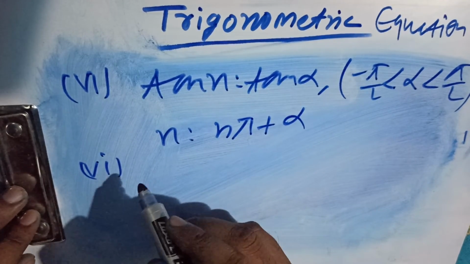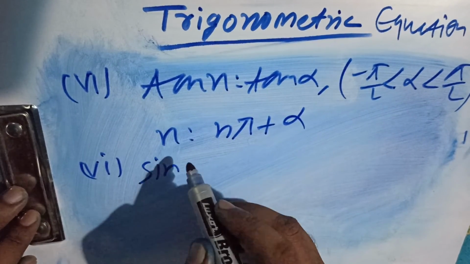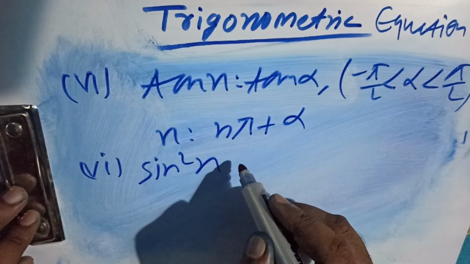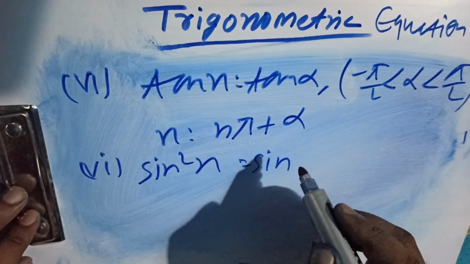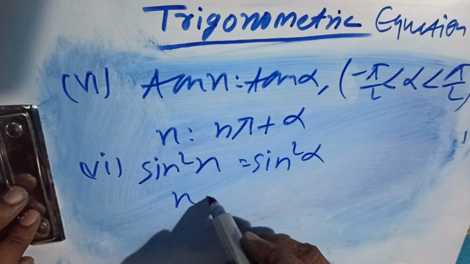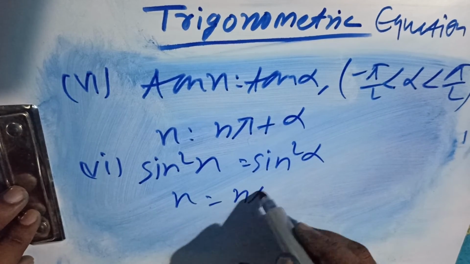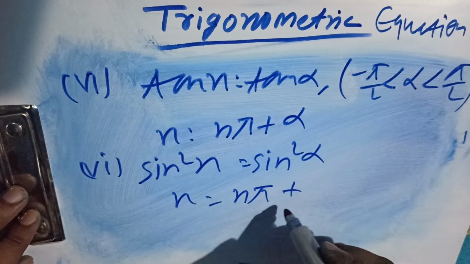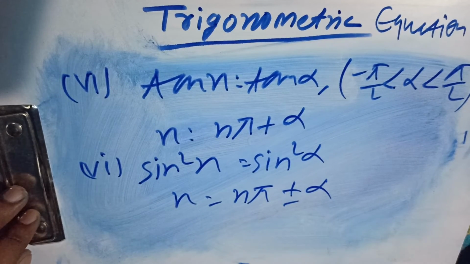One more thing to remember: sin square x equal to sin square alpha, then the solution is x equal to n pi plus minus alpha.